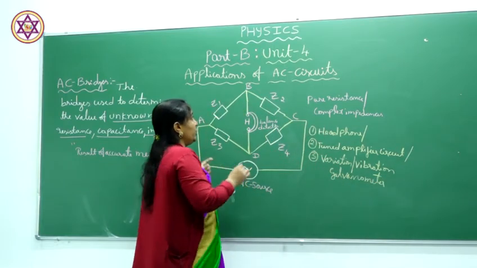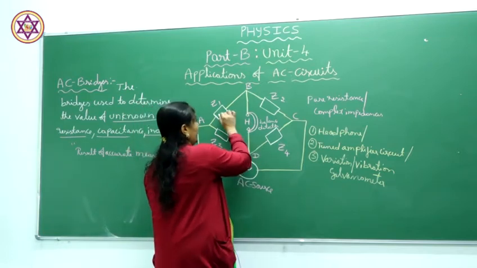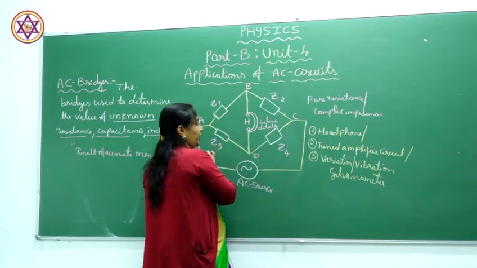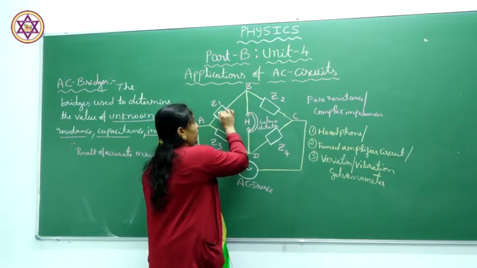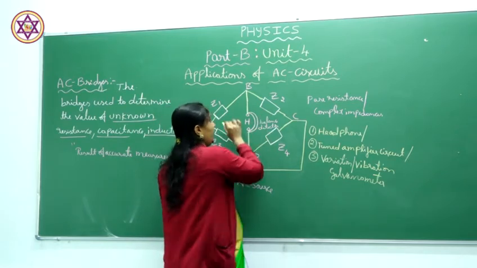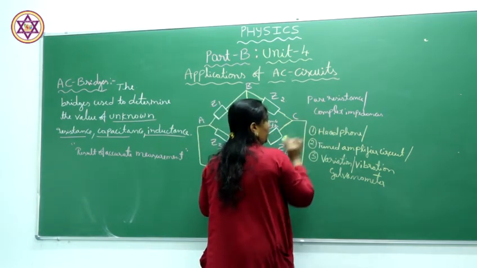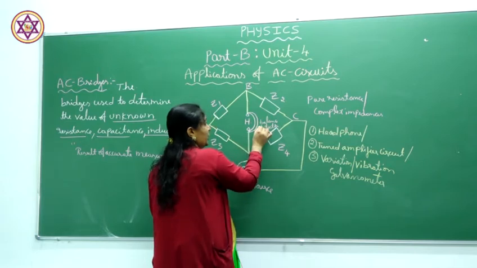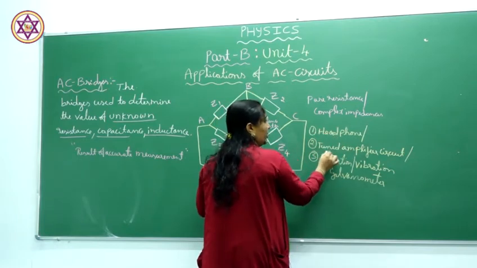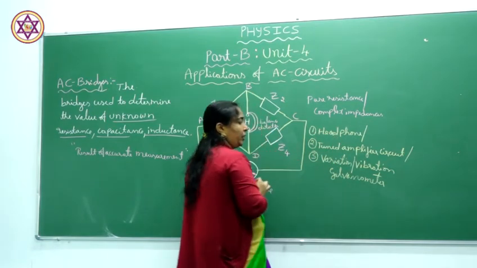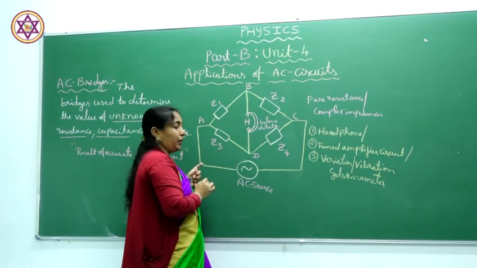So this is the general circuit of the AC bridge. We know that it consists of 4 impedances, an AC source and the balance detector. So this is the condition for the construction of AC bridges.